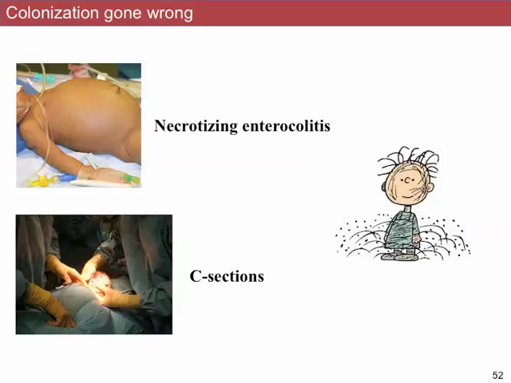Now, it hasn't been proven in these cases if changes in the microbial community caused these things, but it is very suggestive that if you create all of these different disturbances, the thing they have in common is affecting the microbes, and what they do is cause problems in the development of the immune system.